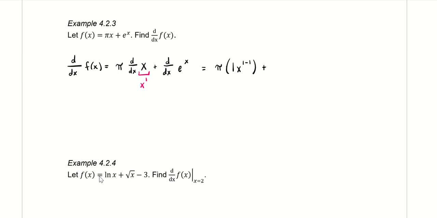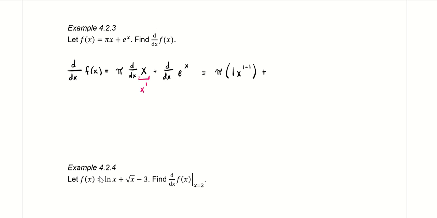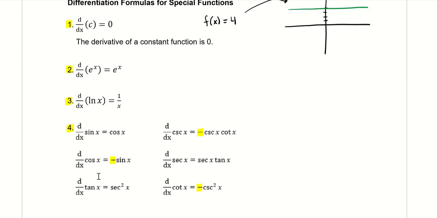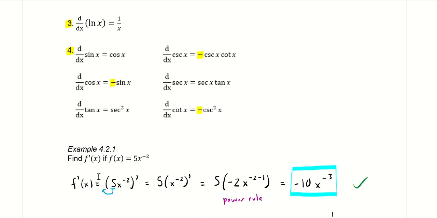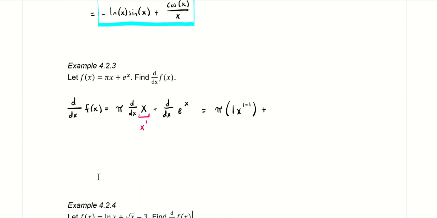and then the derivative with respect to x of e to the x, that's one of our special cases, that's just e to the x. So here I'm using the power rule.